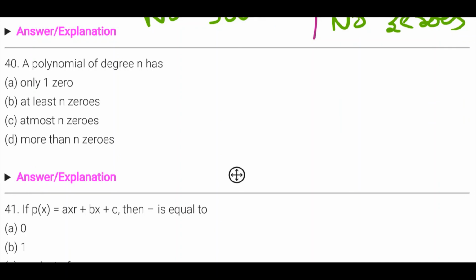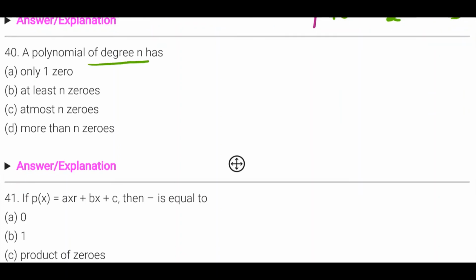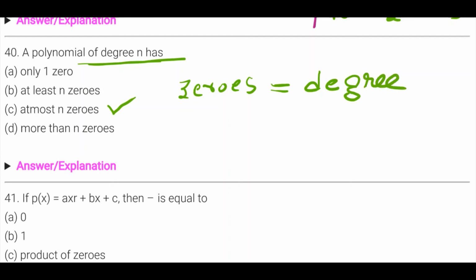A polynomial of degree n has at most n zeros. The number of zeros of a polynomial is bounded by the degree of the polynomial.